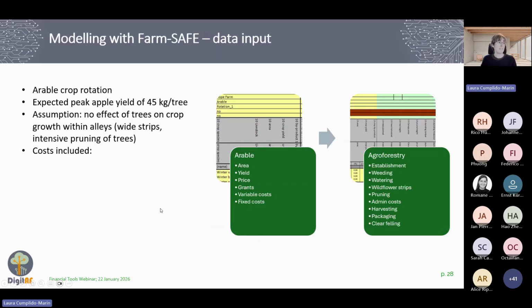Next, in terms of the input data, for the arable rotation, like I explained in the video, we gather all the data related to the areas, the yields, prices, grants, variable and fixed costs.